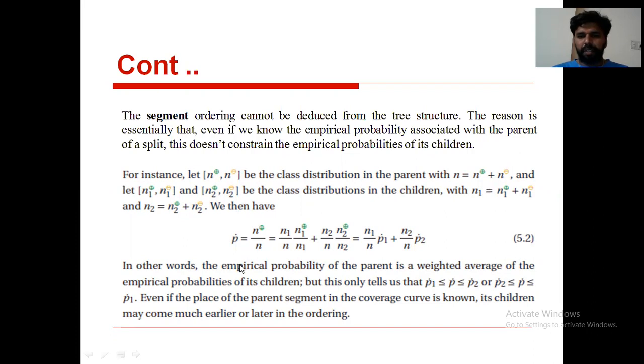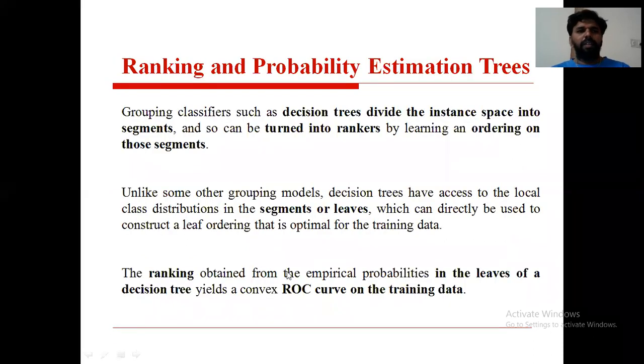Right. Every time the probability is evaluated like this: P1 less than or equal to P less than or equal to P2, or P2 less than or equal to P and P less than or equal to P1.